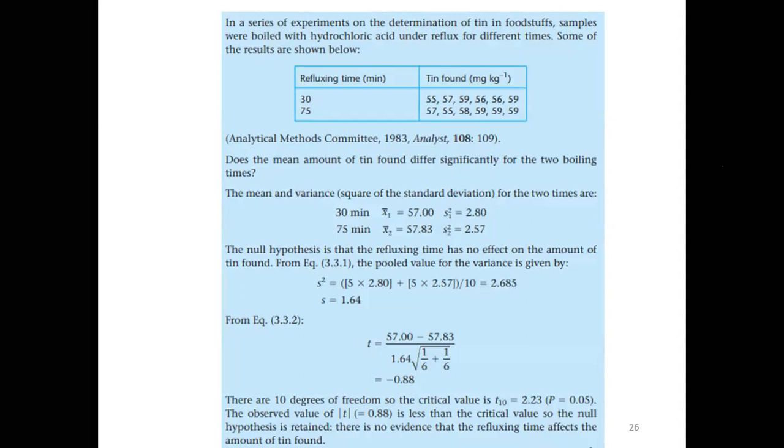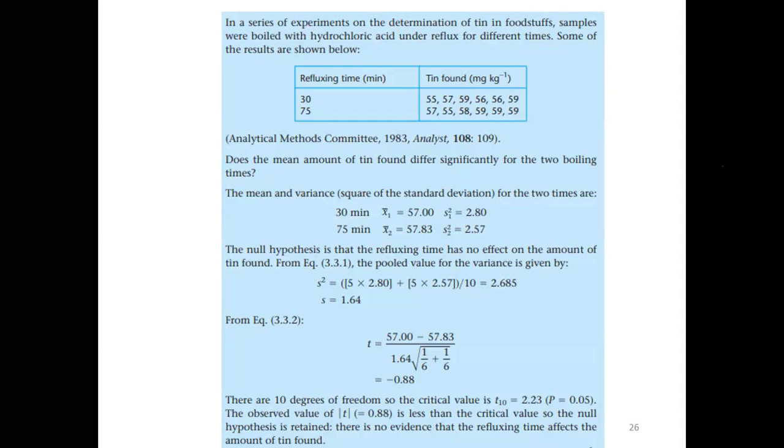So when the question asks about a 95% confidence level, it will be said in the question. Whether you have to consider 95% or 99%, it will be stated in the question.